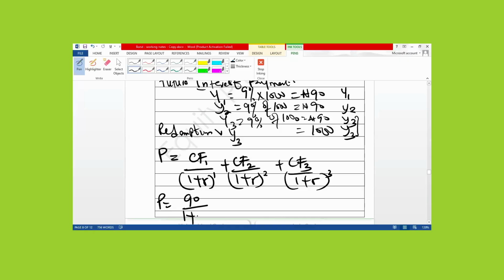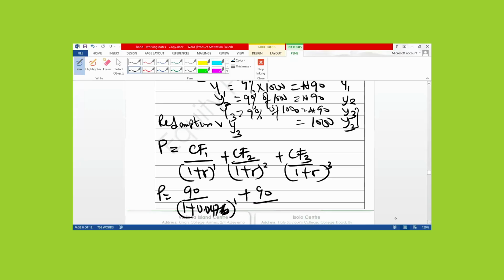Rate for year 1, 4.76%, 0.0476, raised to power 1, plus cash flow in year 2, 90.